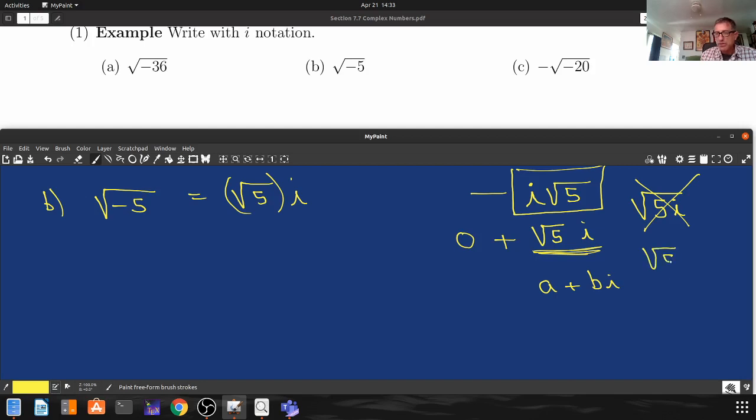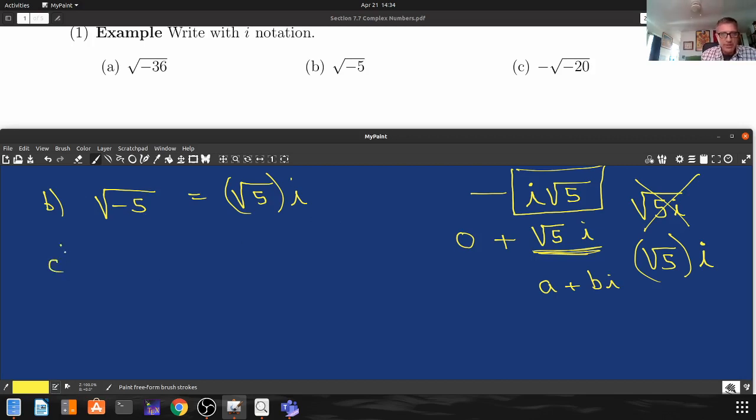If they're really careful, just put the square root of 5 in parentheses, and I has to be on the outside, because I cannot be underneath the radical. As a matter of fact, this class does not develop the techniques to even look at what the square root of I is. You don't get that until you take a class called complex analysis, which you'd never take unless you were a math major.